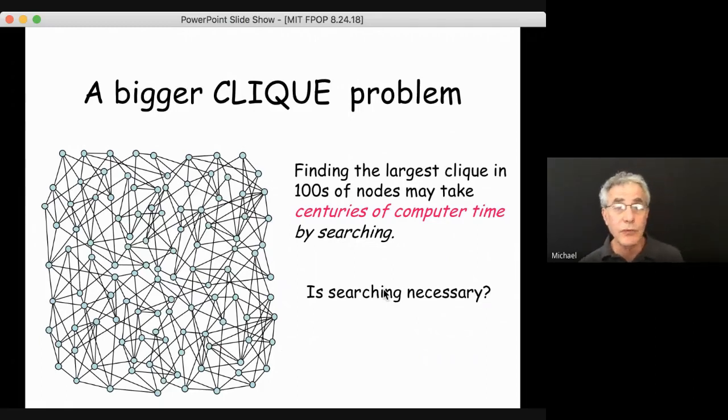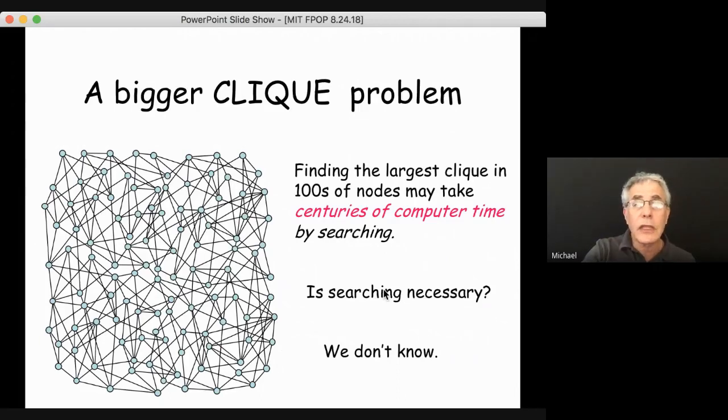Now, the question we would like to know is whether searching is actually necessary to solve this clique problem. Or is there perhaps some more direct, much faster way that avoids the searching? So is searching necessary? Again, we don't know. That's an unsolved problem.